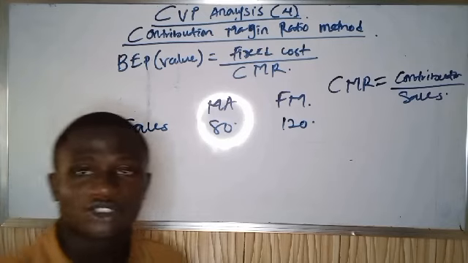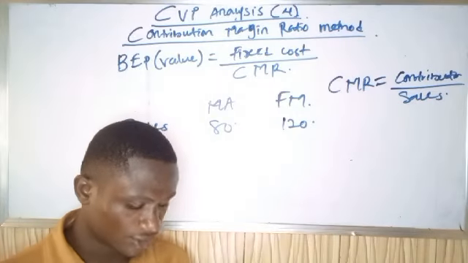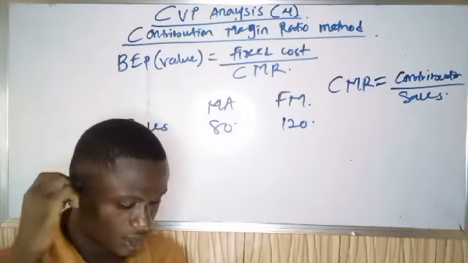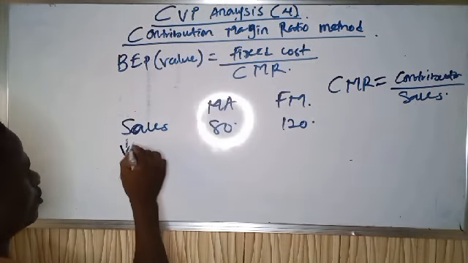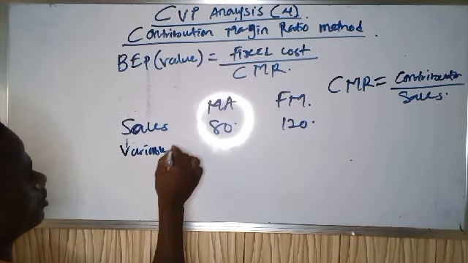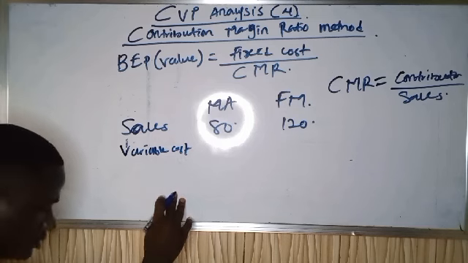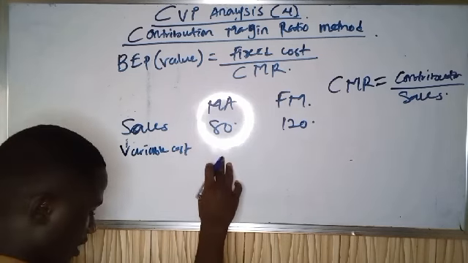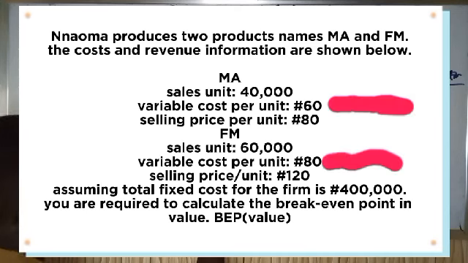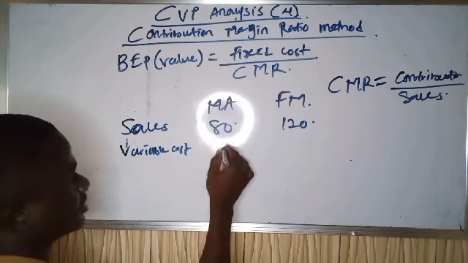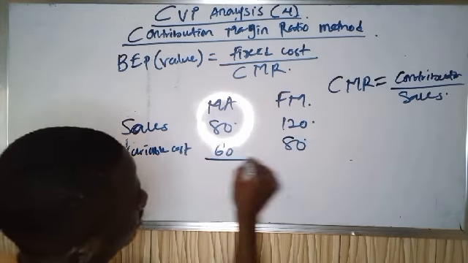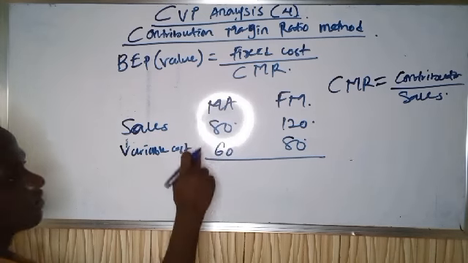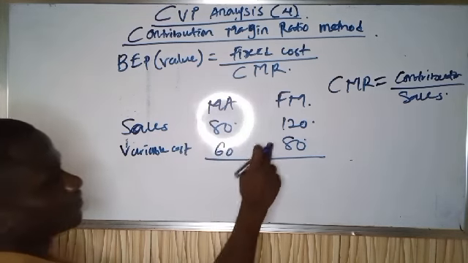So in the question, were we given the variable cost per unit? Yes, we are given the variable cost per unit in the question. So variable cost per unit, from the question, for MA is 60 naira and for FM is 80 naira. So to get our contribution, we subtract our variable cost from our sales value.